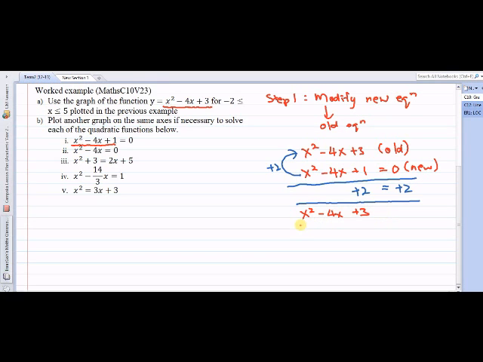And now, this part of the equation looks like the old equation, x squared minus 4x plus 3. And the right hand side becomes 0 plus 2, which is 2. So now, we can recognize that this is actually f(x), or the curve, and this can be read as y equals 2. So the solutions are given by the intersection between f(x) and y equals 2.